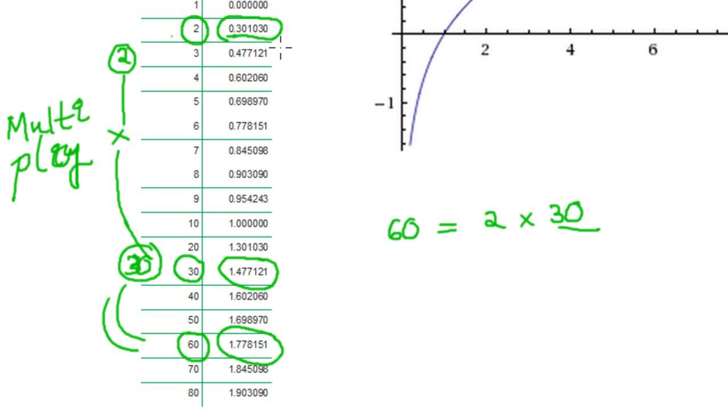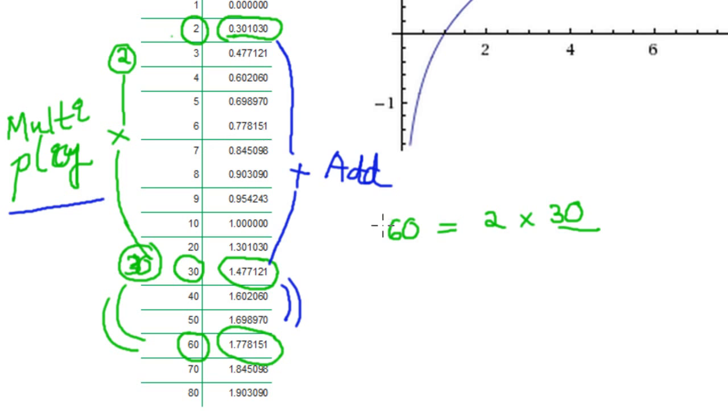That means here, the relationship between these numbers is not a multiplication, whereas it is addition. When you add this number to this number, you get this number. So a multiplication problem on this side has become an addition problem over here.